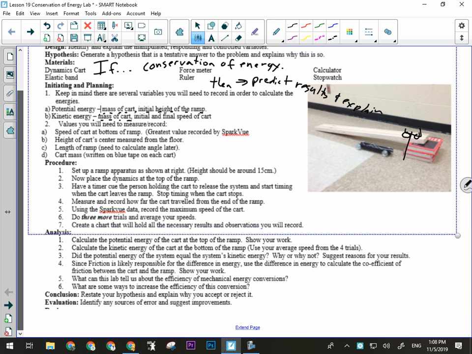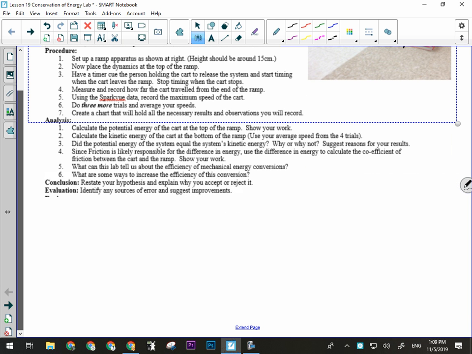All right, question number 5. What can this lab tell us about the efficiency of mechanical energy conversions? Now, how do we calculate efficiency? Anybody remember from Science 10? Okay, so Science 10 tells you that efficiency is your output divided by your input.